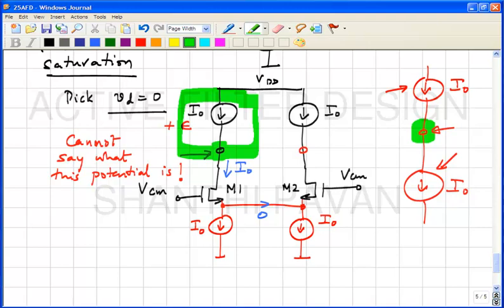Is this clear? So, in other words, if this current is larger than the pull down current, this node potential will continue to rise. And how high can it go? In principle, it can go to infinity, but in practice, I naught is a current source made with transistors. And what kind of transistors do you think will be needed to make I naught?